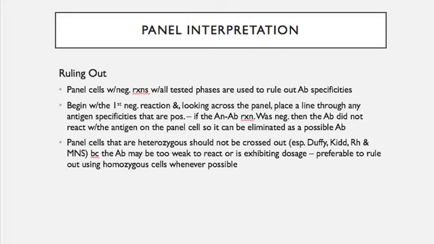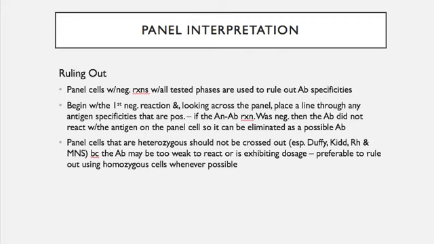Okay, so ruling out, panel cells with negative reactions. We've tested our reagent red cells against our patient serum or plasma. If we get panel cells that have negative reactions in all tested phases, so that's your initial spin, your 37-degree incubation, and your AHG, those are the reactions that we use to rule out antibody specificities.